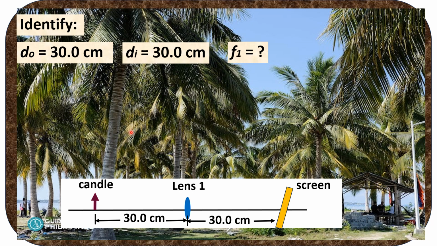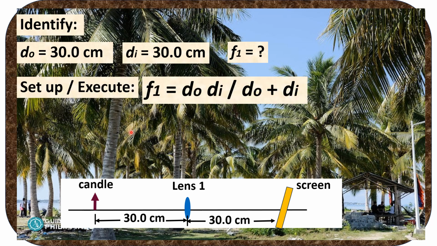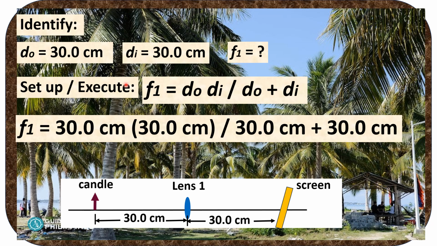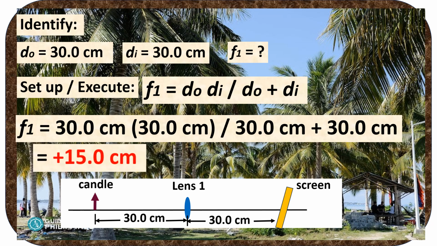To compute the focal length f sub 1, we are going to use the derived formula f sub 1 equal to the product of d sub O times d sub I divided by the sum d sub O plus d sub I. Substituting into this formula, we have f sub 1 equal to 30.0 centimeters times 30.0 centimeters divided by 30.0 centimeters plus 30.0 centimeters, and we will get the focal length of the converging lens f sub 1 equal to positive 15.0 centimeters.